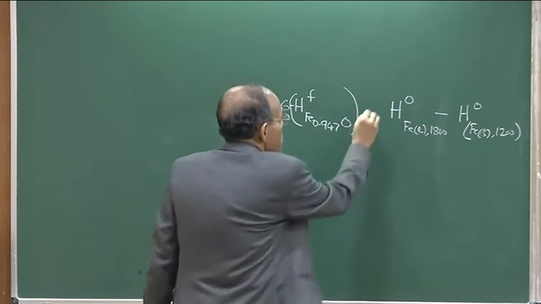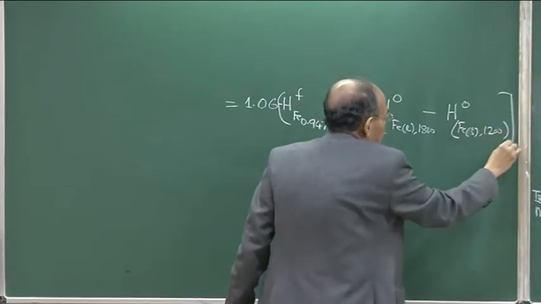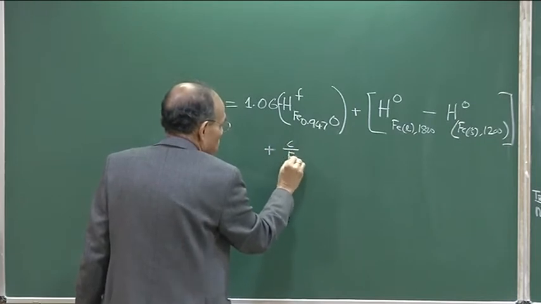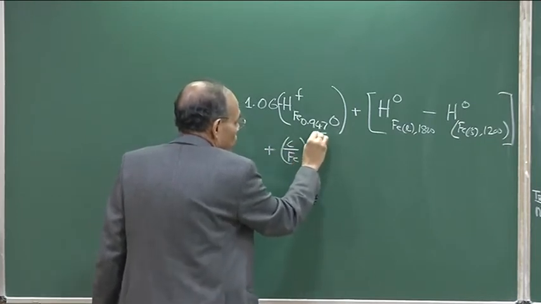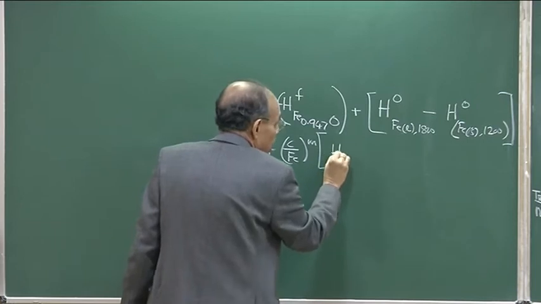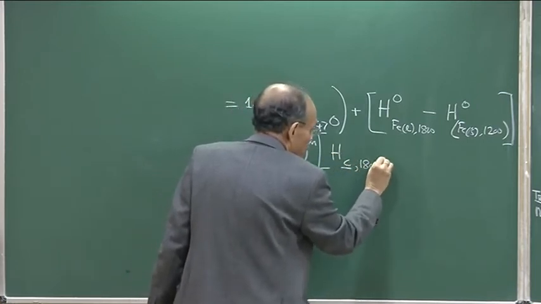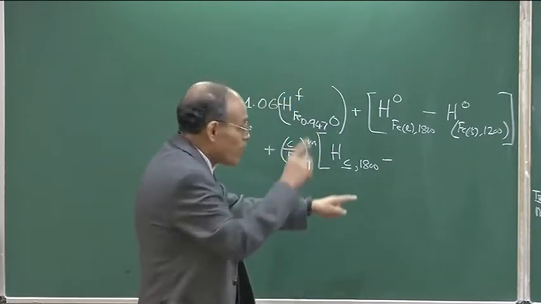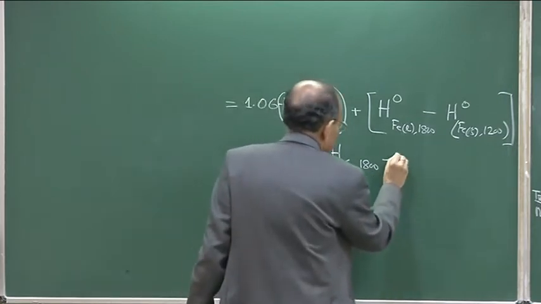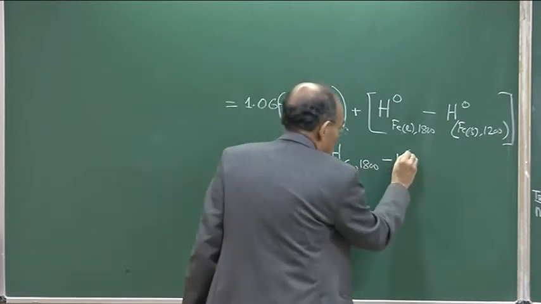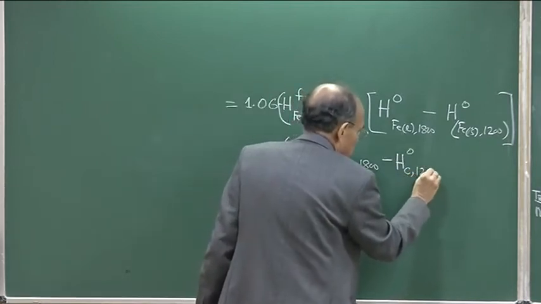That is another term. And the third term is associated with C by Fem, which is equal to H carbon in the dissolved state at 1800, which is already there on the right hand side, and then I have H naught C at 1200.